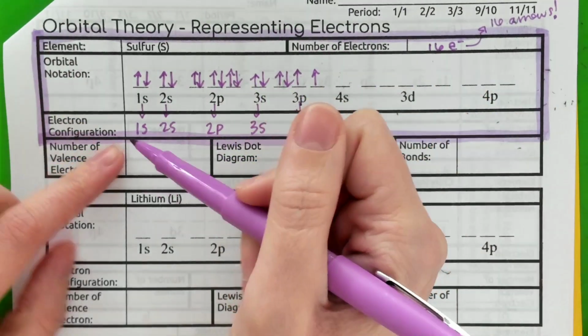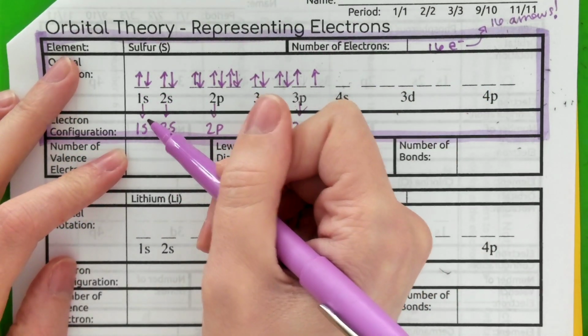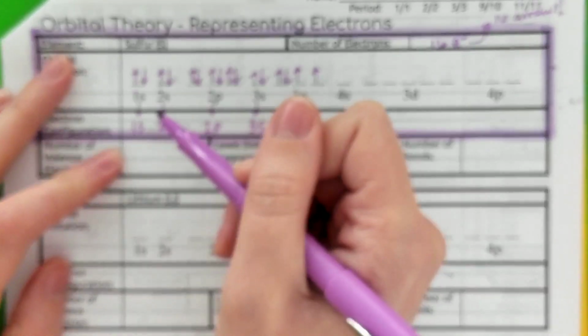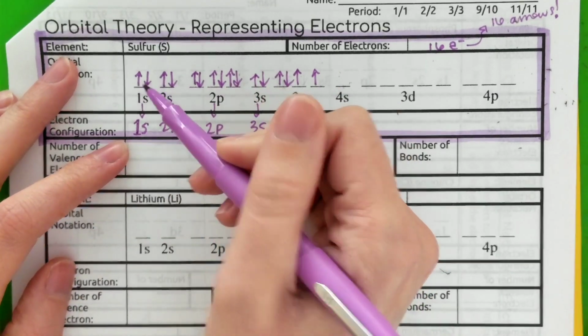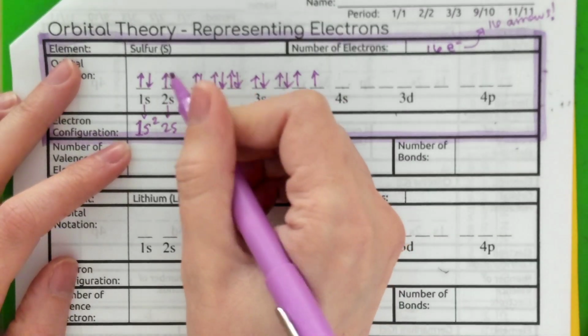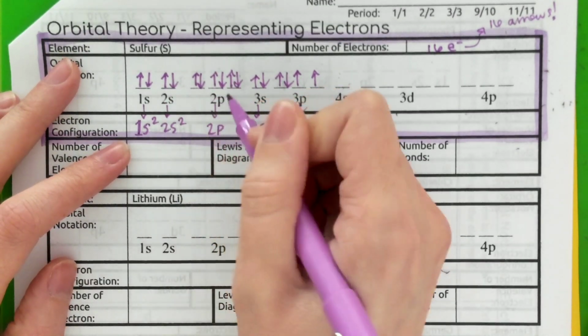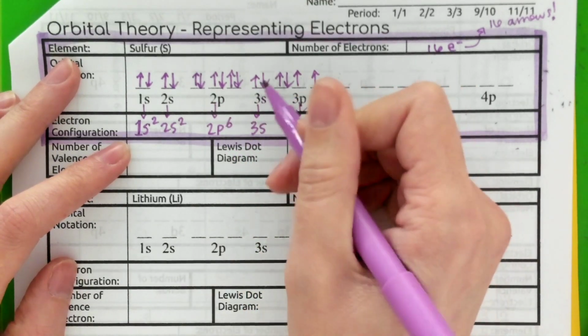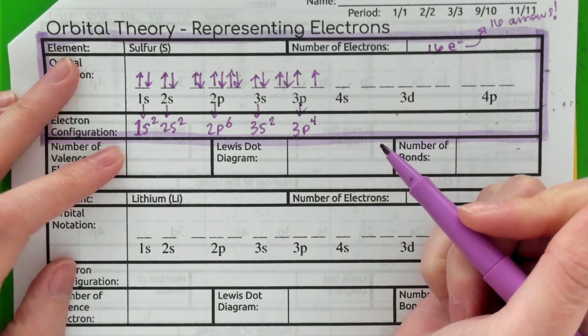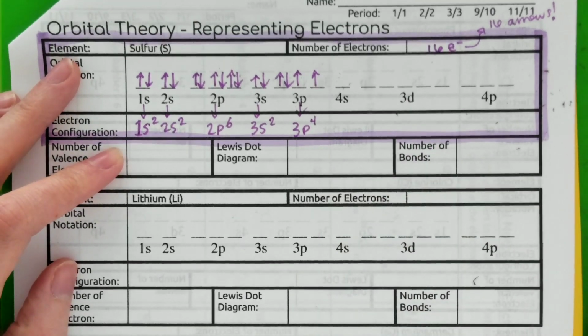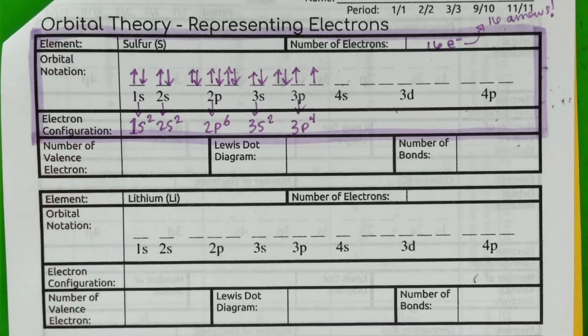Now again, instead of arrows, we write the number of arrows as a superscript number, also known as an exponent, right? So we have 2 electrons in our 1s, 2 in our 2s, 6 in our 2p, 2 in our 3s, and 4 in our 3p. And that is it. Go ahead and try the other ones on page 11 and 12.